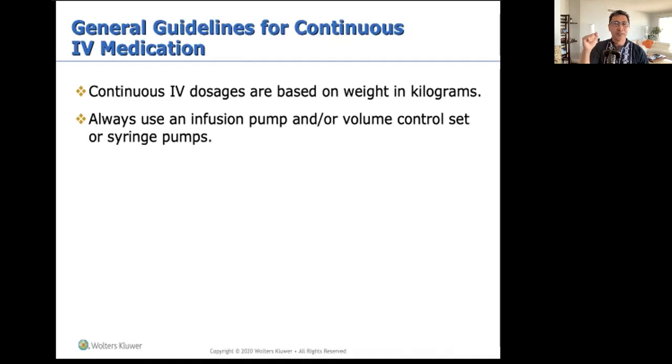We do manuals in the ER mainly for time purposes, because my patient's dying. They're about to code, and I need to give this patient a 1,000 mL bolus. I'm not going to run around the unit, the ER, looking for an IV pump.